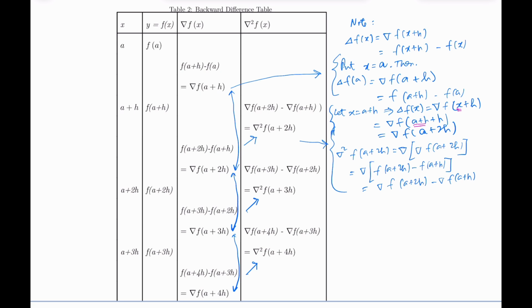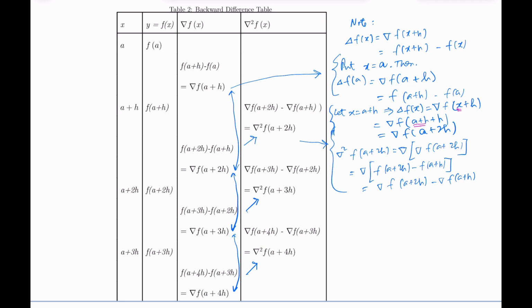Okay, see here how it comes. We have delta of f(x) is nabla of f(x+h). This is f(x+h) minus f(x). So if you put x equal to a, then delta of f(a) is equal to nabla of f(a+h).